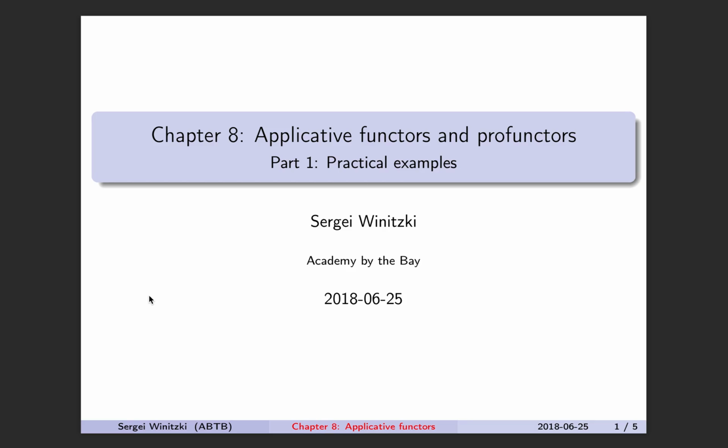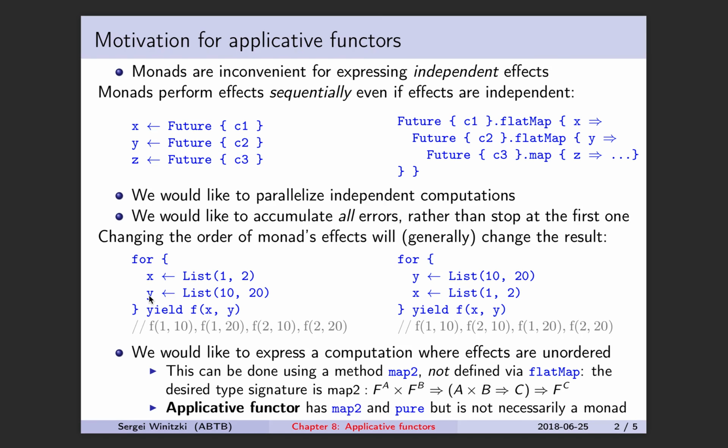This is a short summary for Chapter 8, Part 1, focused on the practical use of applicative functors. I motivate applicative functors as a kind of subset of monads where we want to express independent computations or independent effects that occur in parallel, such as accumulating all errors from a number of computations.